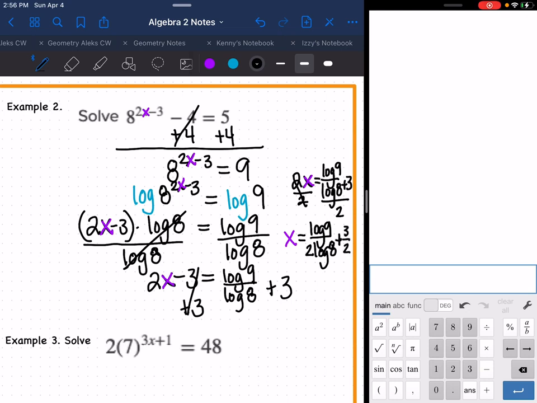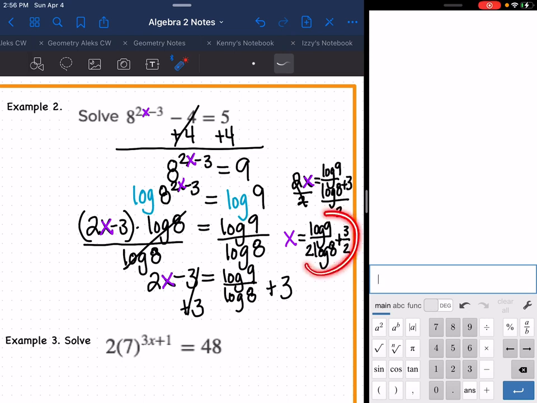That 2 is going to go down with whatever's in the denominator of your log to begin with. This 2 is going to end up in the denominator here, and then it's going to end up in the denominator of this one as well. And that's always the rule when you have to do a division like this.